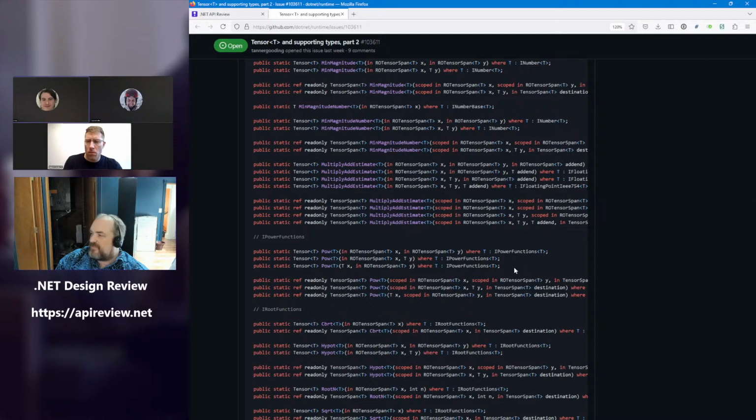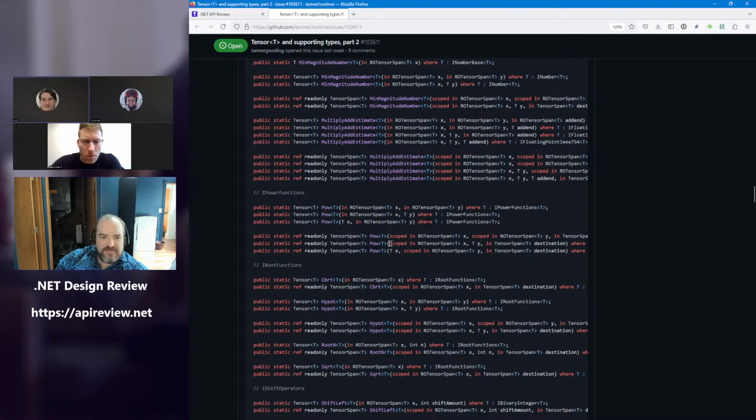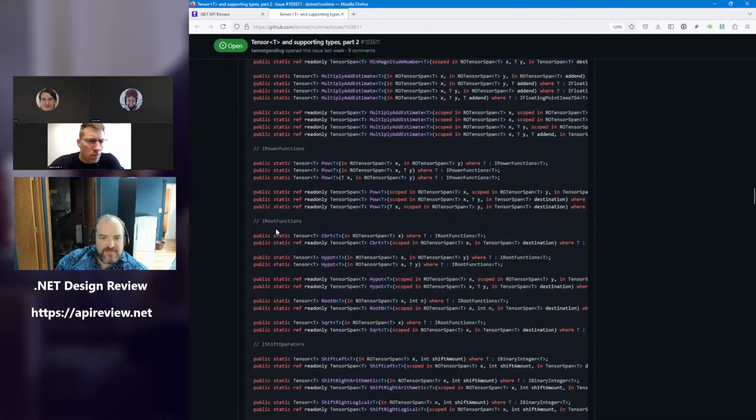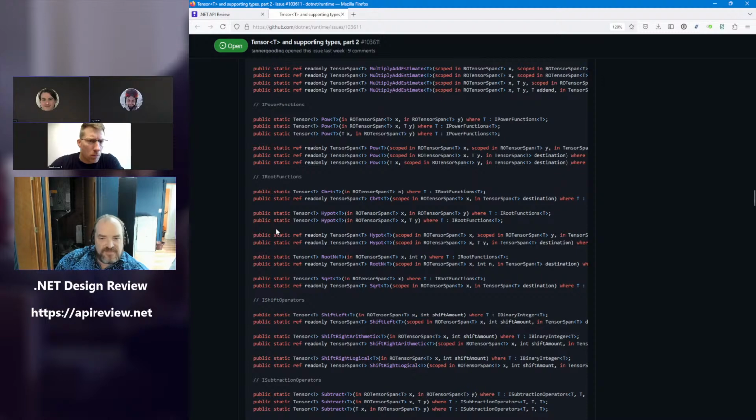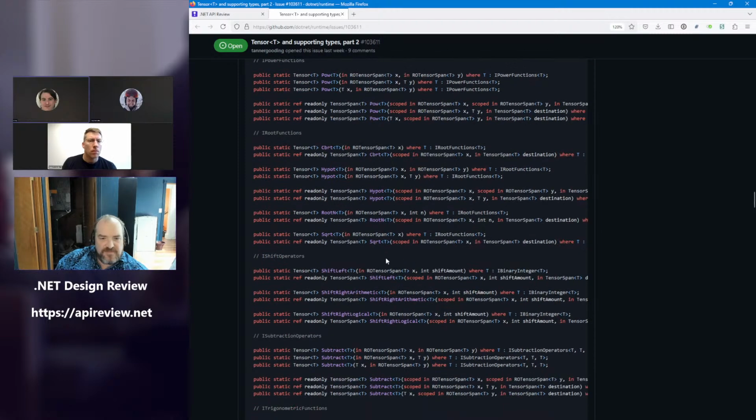The power functions, the shift, or the root functions, almost missed that one. The root function is a case where it's worth calling out that, much like on tensor primitives, we require the n to be consistent for all. We don't allow you to specify a different root per element, because there's no way to optimize that, and we don't want to point people down a pit of failure there.